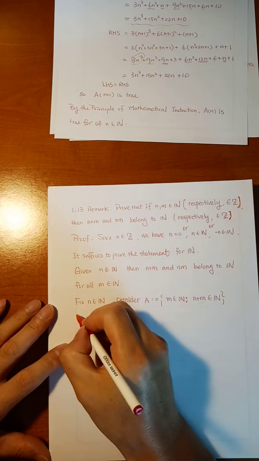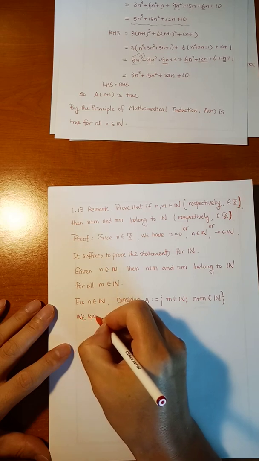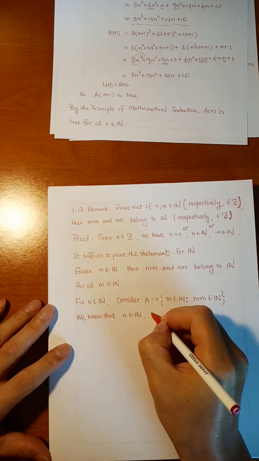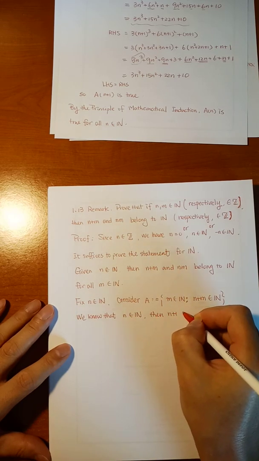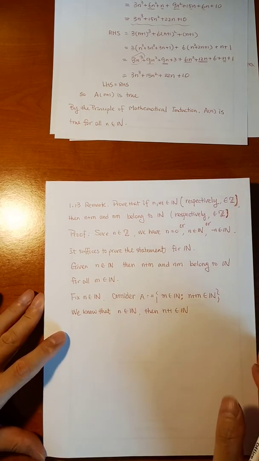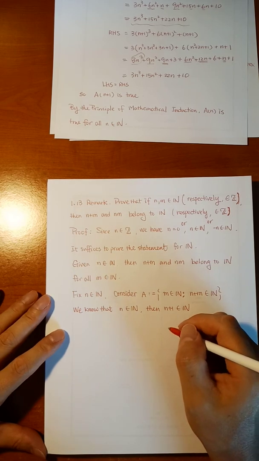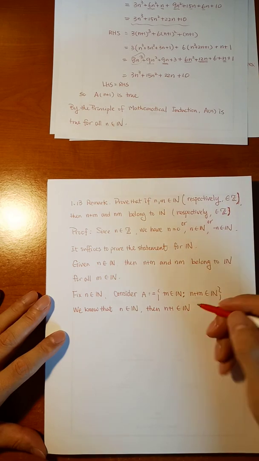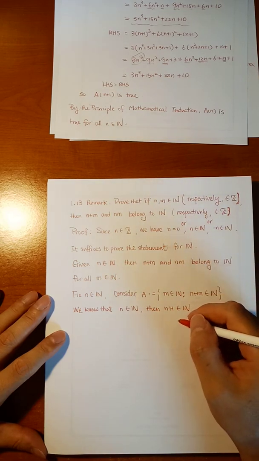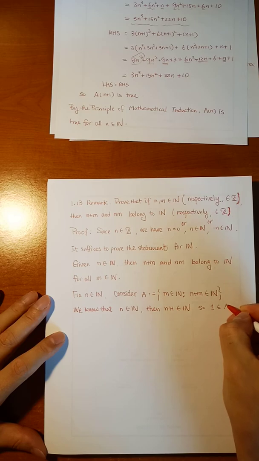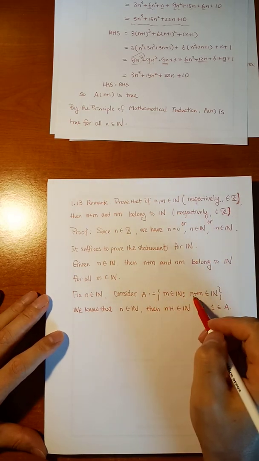We know that if n belongs to the natural numbers, then n plus 1 also belongs to the natural numbers. This is one of the properties we had right after the introduction of natural numbers: your next neighbor also belongs to the natural numbers. So 1 belongs to this set A.